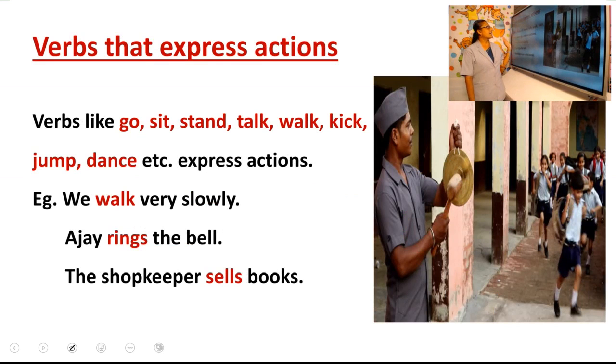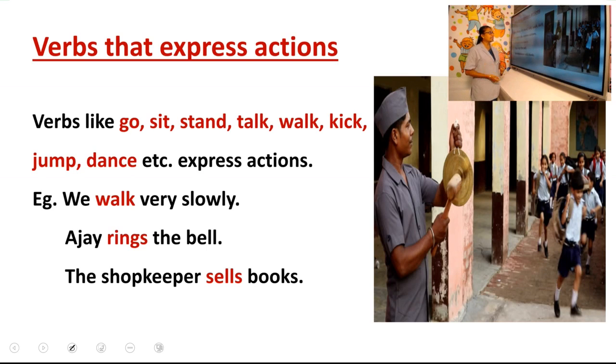That is verbs that express actions. So in the previous slide I have already told all these. So let us learn this in detail. Okay. Verbs that express actions means doing words or action words.